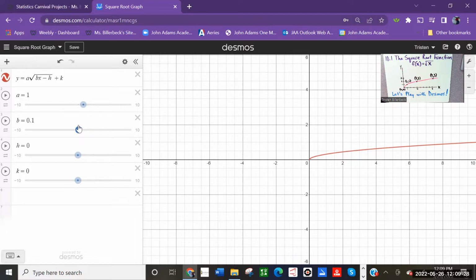So then if we have a positive value that's above 1, it moves away from the x-axis. So that would become more of a horizontal compression as opposed to a vertical stretch. Okay.